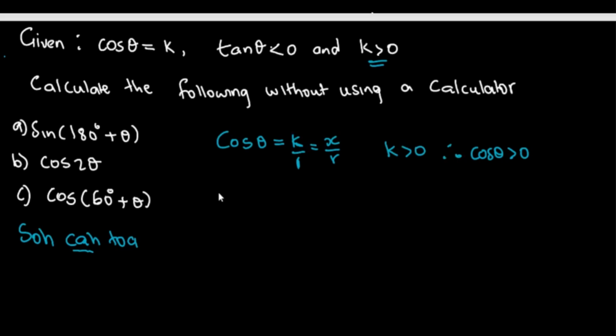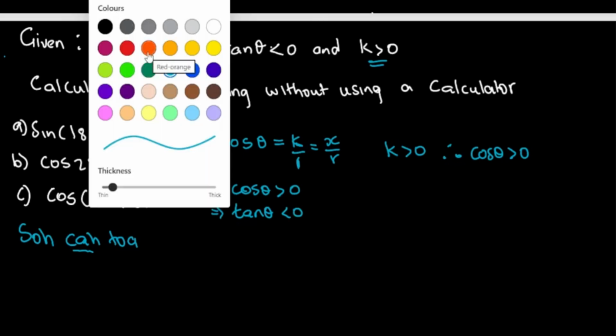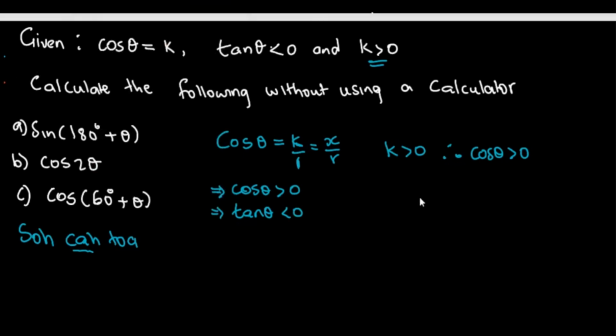We are given that the cos of theta is greater than 0, and then we are given that the tan of theta is less than 0. So we need to go and find the triangle that we need to work on, I mean the quadrant. How do we find that quadrant? This is how you're going to get your quadrant. You just have to draw a Cartesian plane like that, and then let's tick where cos is positive.